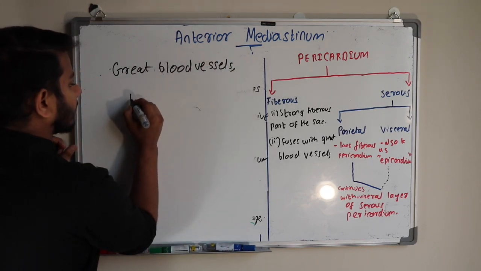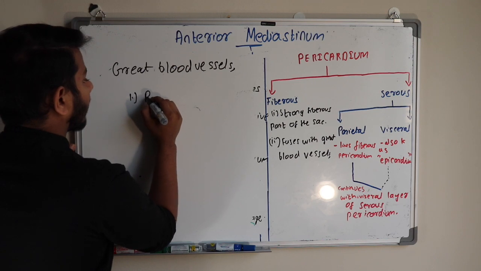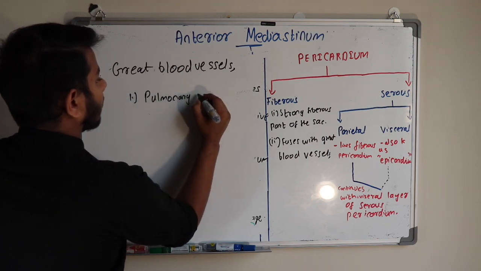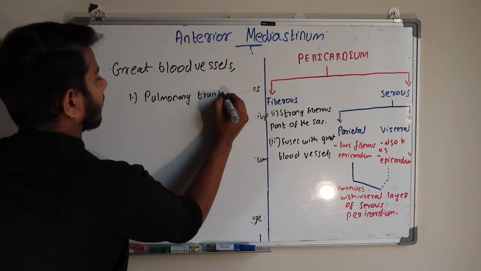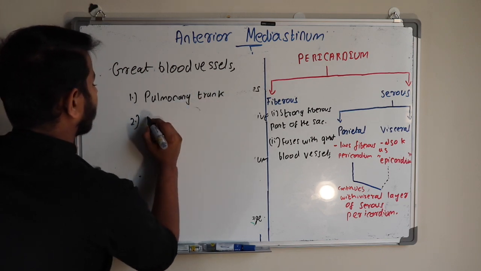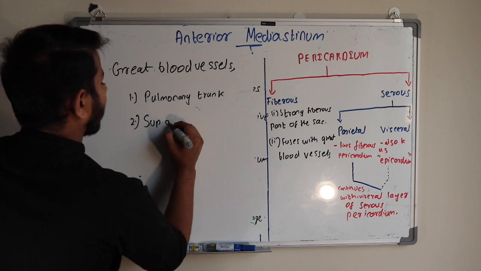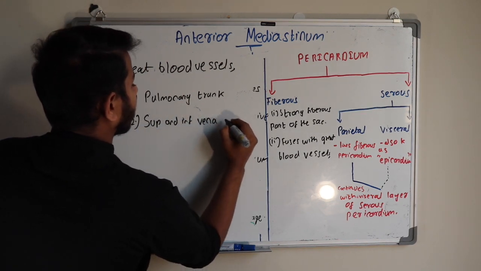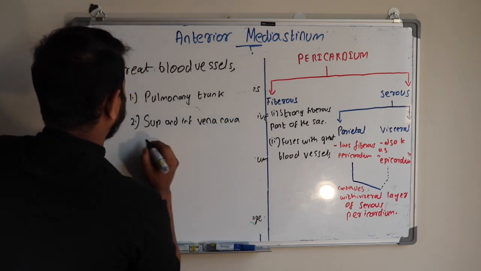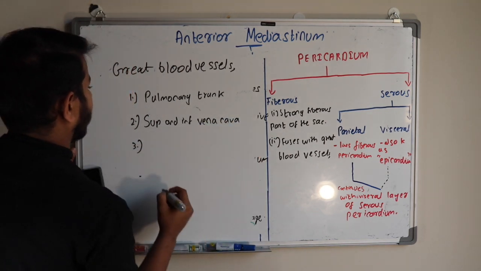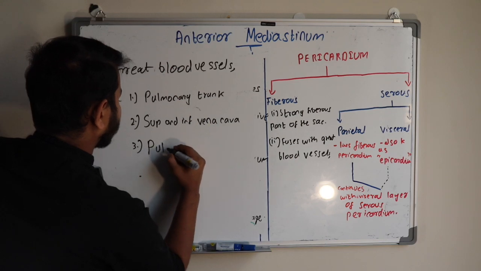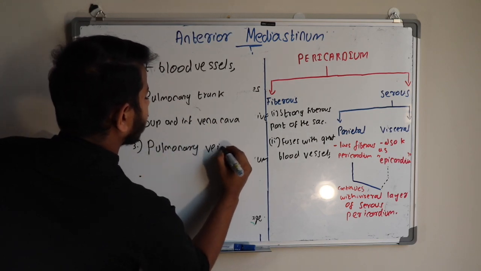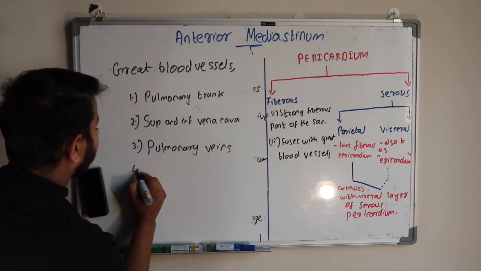They are, first, the pulmonary trunk; second, the superior and inferior vena cava; third, the pulmonary veins; and at last, the aorta.